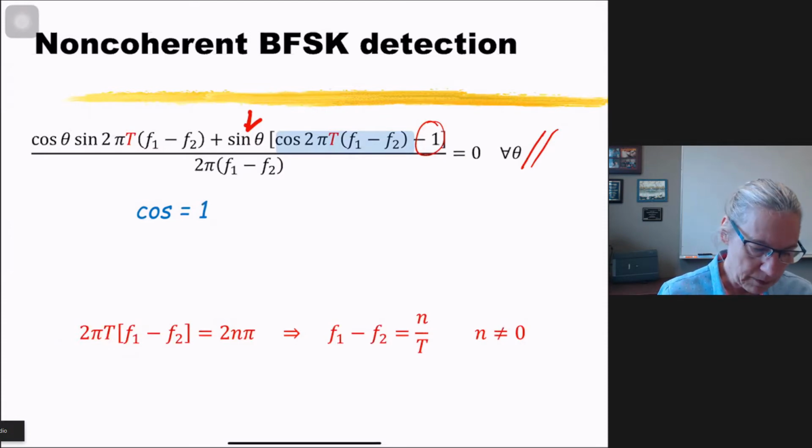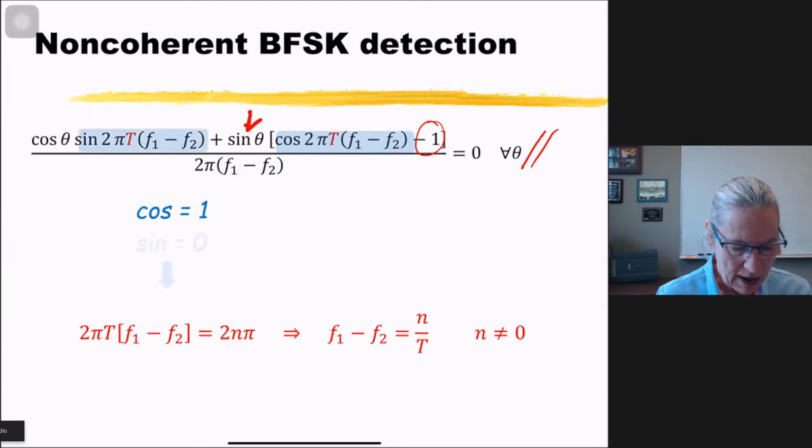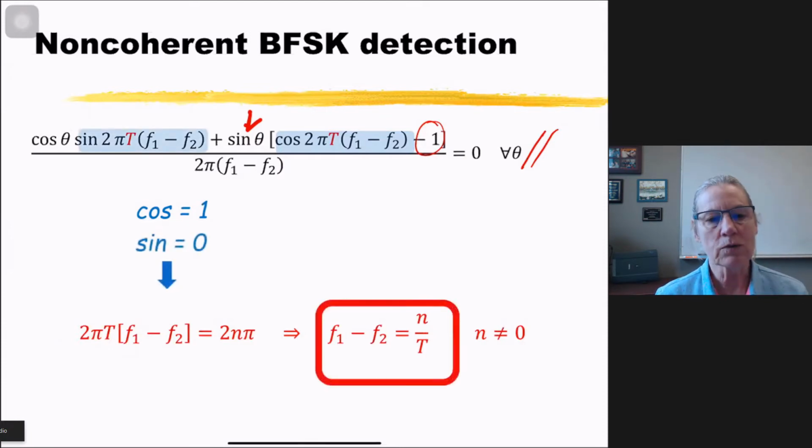And of course, the same applies to the other term. So I want that sine to be equal to 0. Now, if I take those two requirements, the cosine of 2 pi t times the difference in the frequencies is equal to 1, and the sine of 2 pi t times those frequencies is equal to 0, that means that 2 pi t times the difference in the frequencies should be equal to a multiple of 2 pi. If it's a multiple of 2 pi, then I will get 1 for the cosine, 0 for the sine.